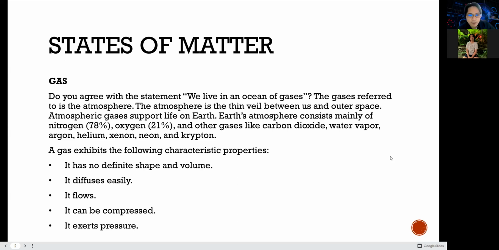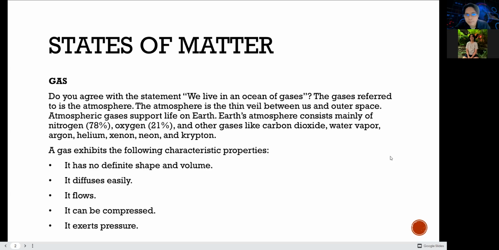A gas exhibits the following characteristic properties. Number one, it has no definite shape and volume. It diffuses easily. For example, if you are cooking, the fragrance of what you are cooking will just diffuse in air.